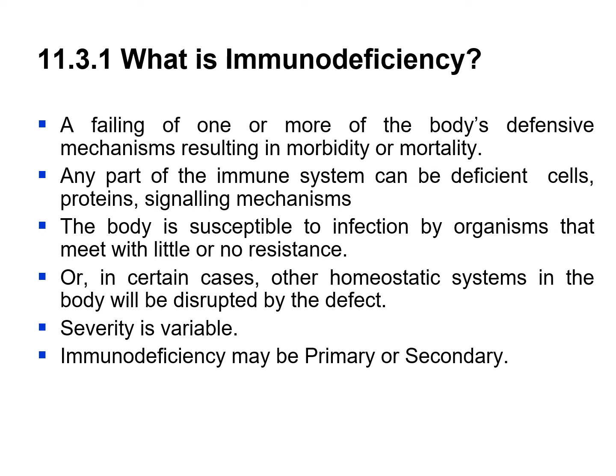So the body becomes susceptible to infection by organisms that normally don't cause diseases without resistance. So in some cases, homeostatic systems in the body will be disrupted and the severity is not the same all the time. Okay, it can also be primary or secondary.